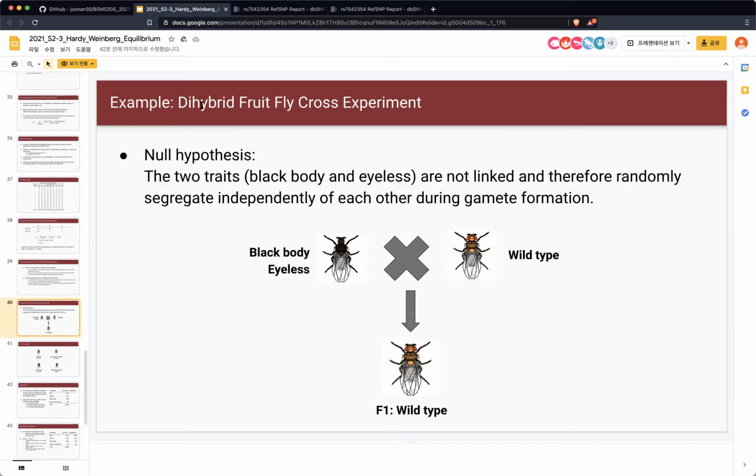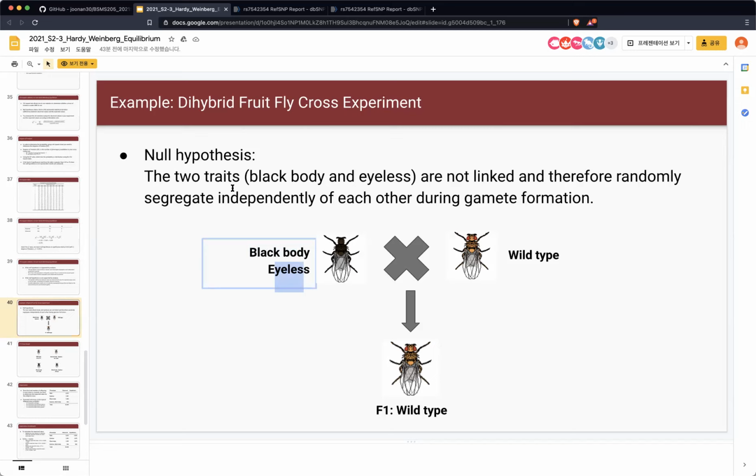So these were the hybrid fruit fly cross experiments done by Thomas Morgan at the time. The null hypothesis is that the 2 traits we used here, black body and eyeless, versus wild type, so we have 2 phenotypes here, black body and eyeless, are not linked to each other, because according to Mendel, they have to assort independently, right?